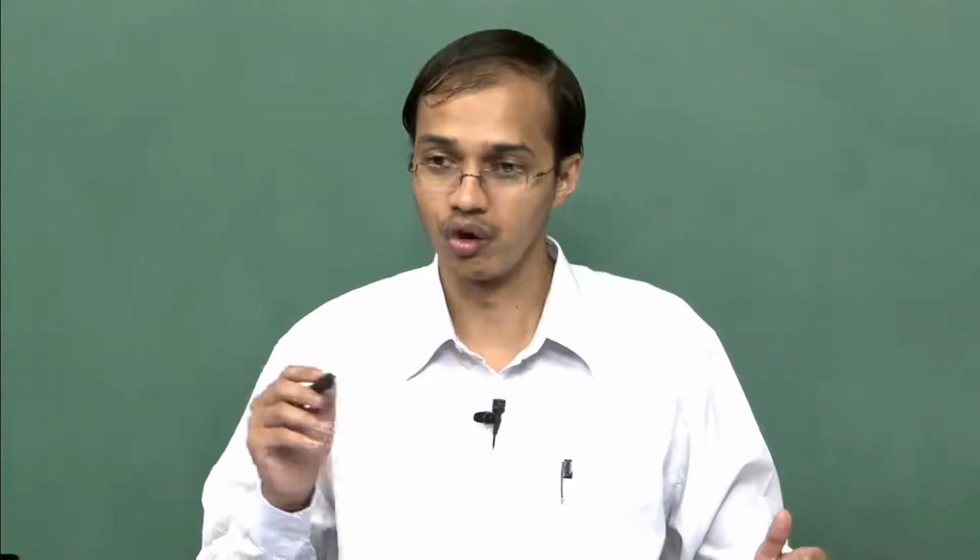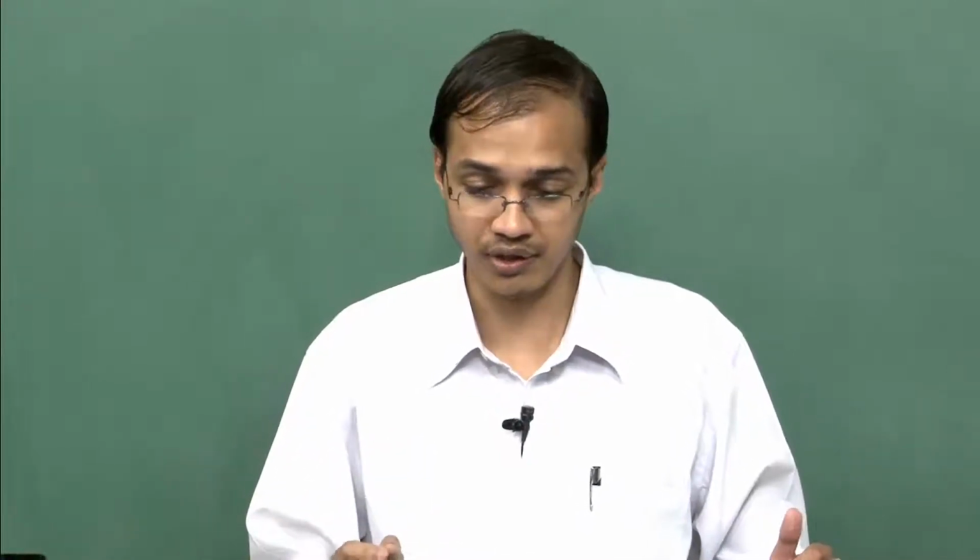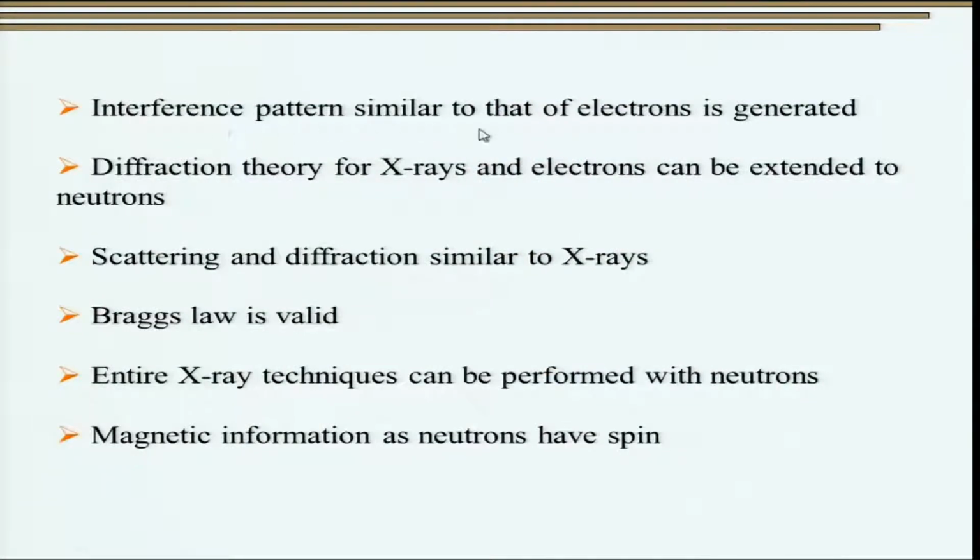Only thing is, instead of X-rays getting bounced off from the outer part of the atom, we have neutrons which get bounced off, or rather reflected from the nucleus of the atom. Therefore, we get an interference pattern very similar to that of X-rays or electrons.